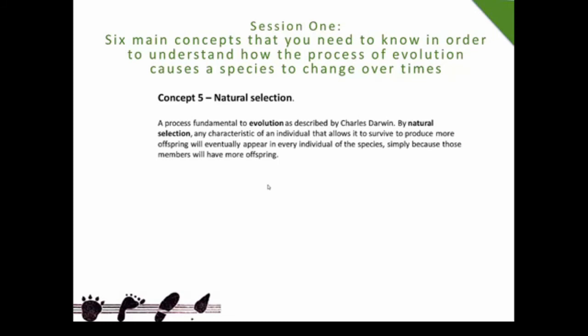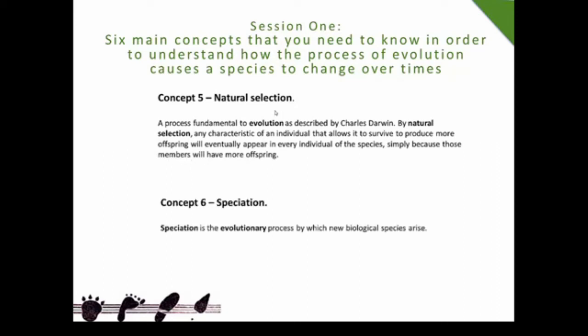The remaining 2 concepts are natural selection, which is the fundamental concept introduced by Charles Darwin himself, and it states that by natural selection, any characteristic of an individual helping it to increase its fitness will eventually spread through the whole population in the species, simply because those members will have more offspring.